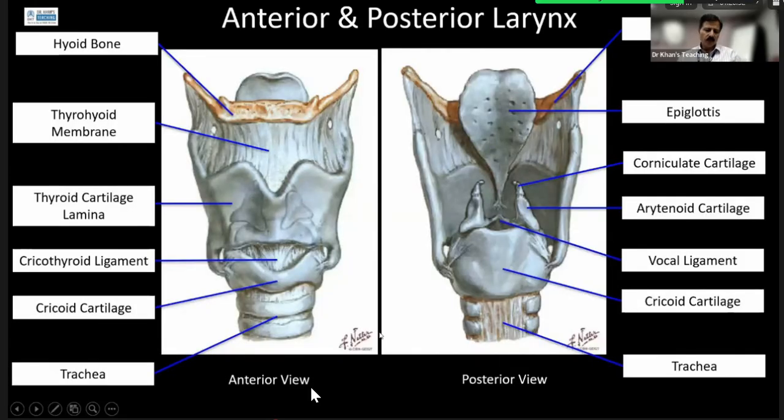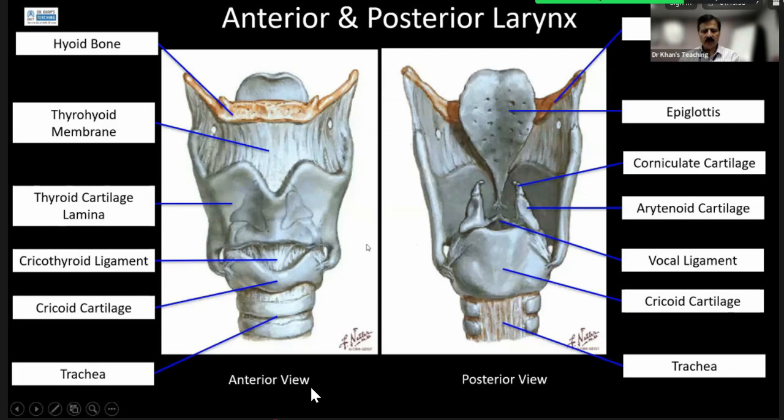Now, please concentrate. So we have come to the larynx, the main part of our session today. And you have to now really concentrate, and then what we have learned in the pharynx, we will combine it together, and then we will consolidate it.